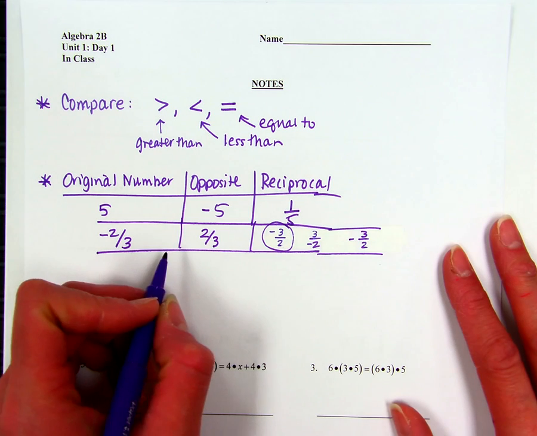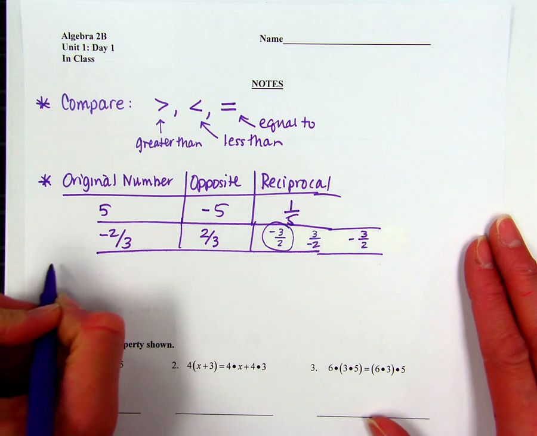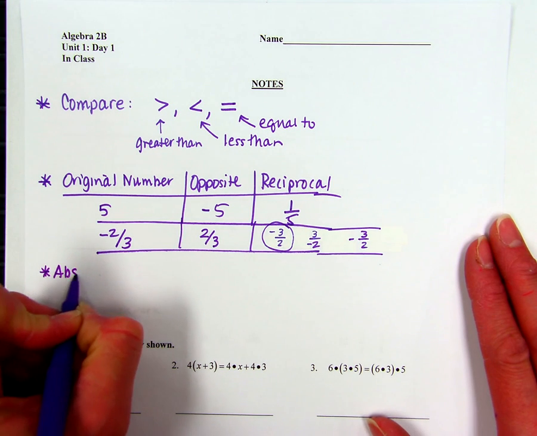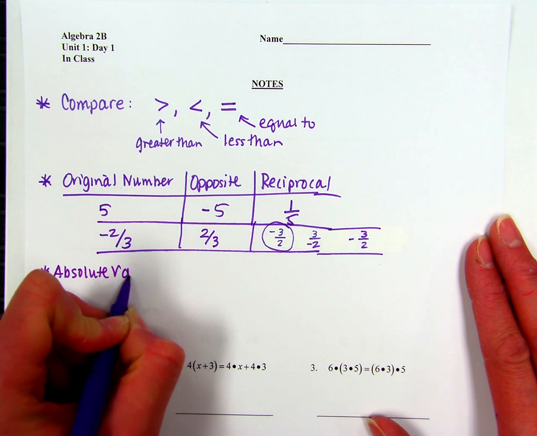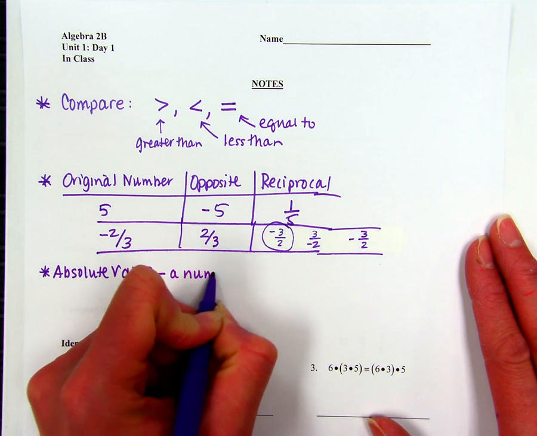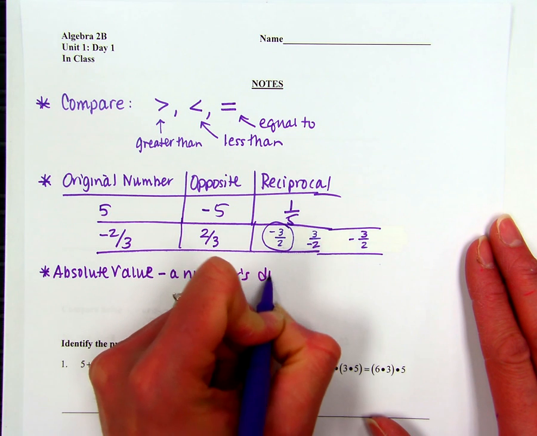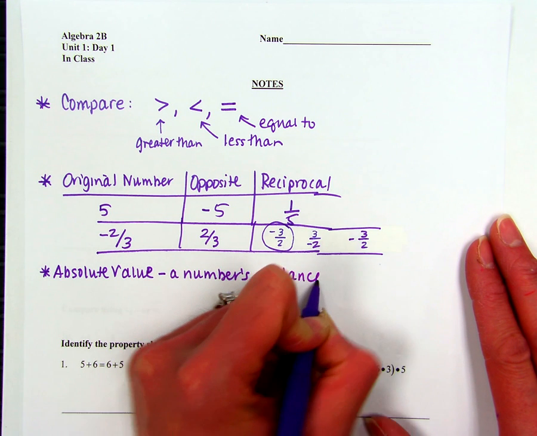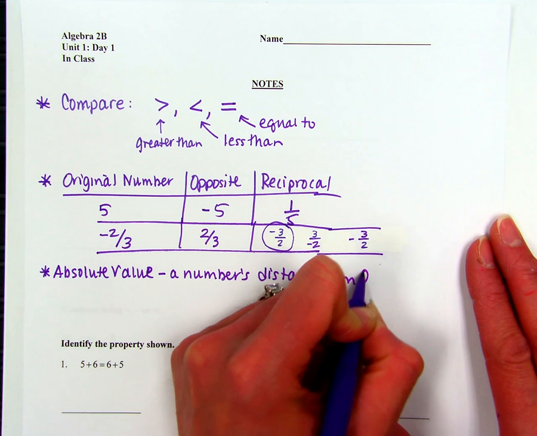All right, and the next thing is absolute value. The definition of absolute value is a number's distance from 0 on the number line.